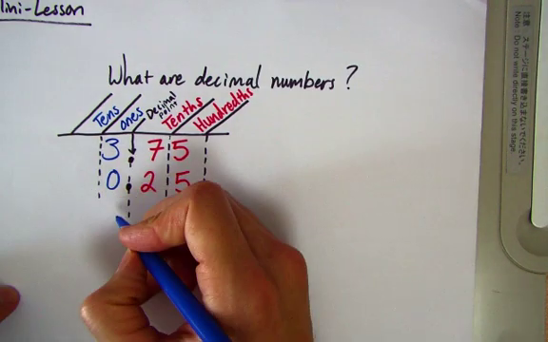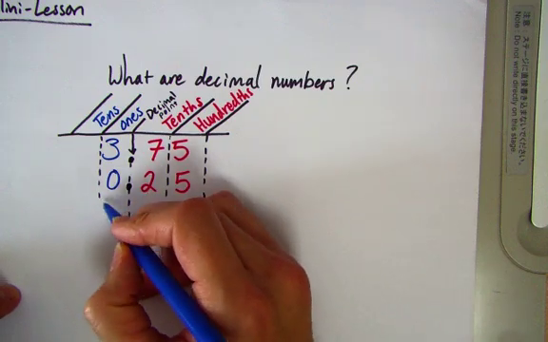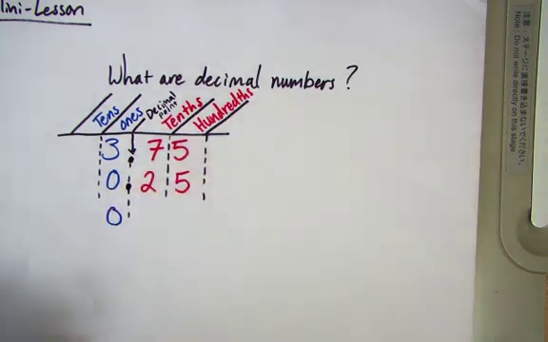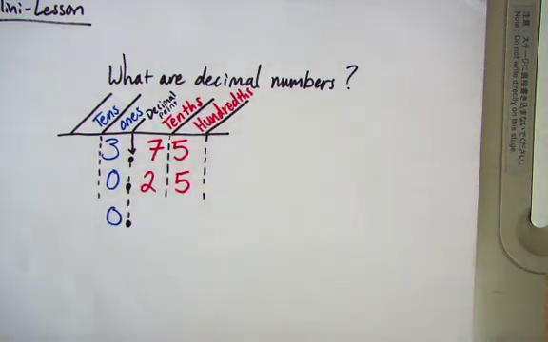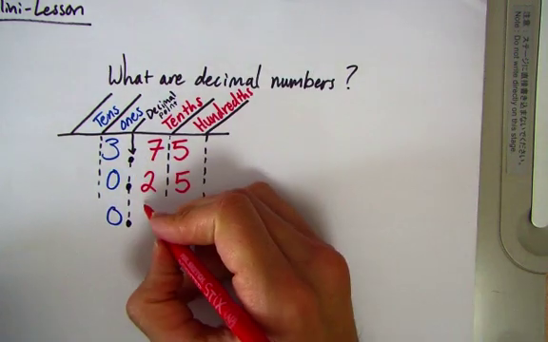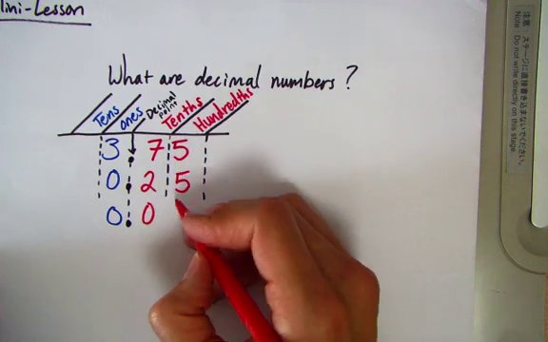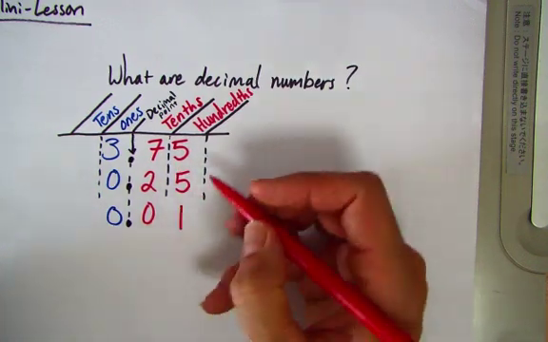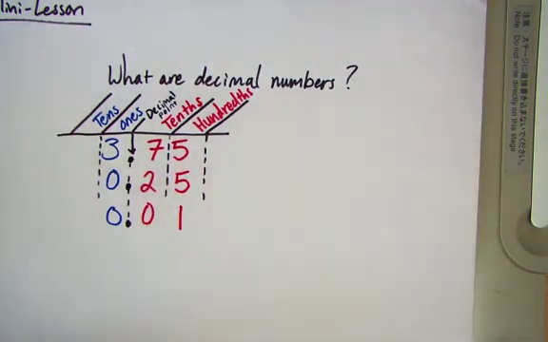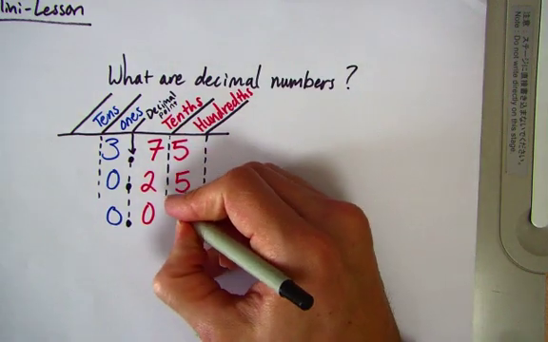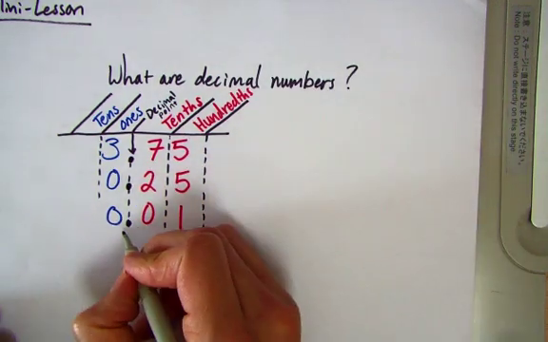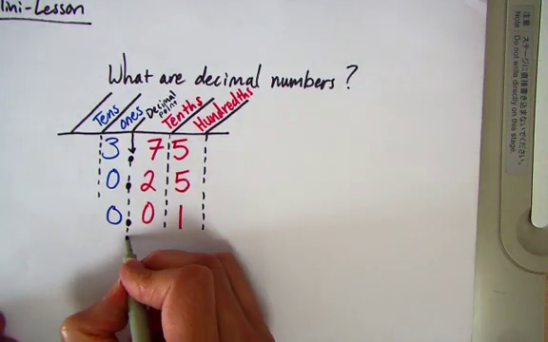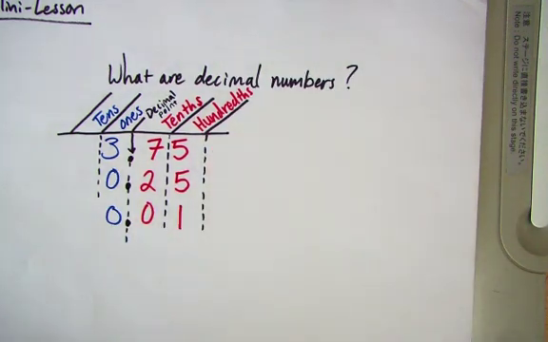Okay, let's try another one. Let's try 1 penny, let's say. Make another 0. And we have nothing in the tenths. And let's say we have 1 measly penny. By the way, the reason why I'm saying penny is because decimal numbers do relate to money too.